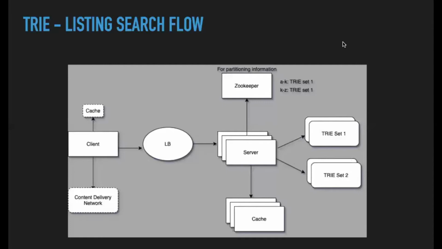So this is the general search flow, which you probably would want to explain first. And this design is not much different from any other system design. The typical workflow is there. You are getting a request, you are utilizing a load balancer to distribute the traffic, you have multiple servers, you have a cache, and then you have some kind of storage.